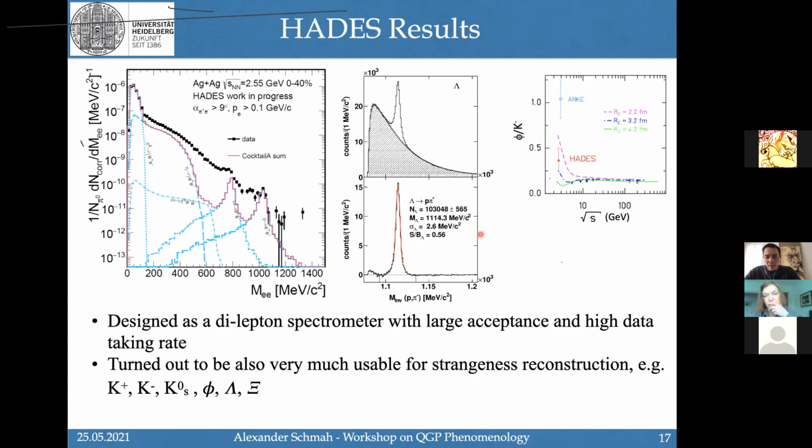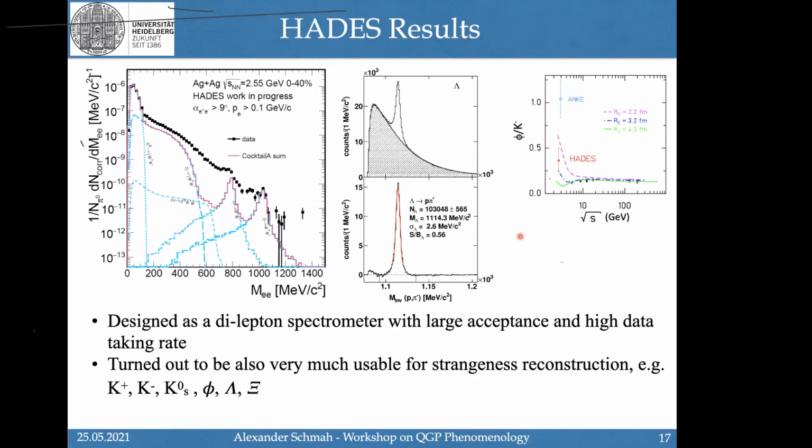Actually, it turned out that this detector is more a multi-purpose detector, so it could also reconstruct off-vertex decays like lambdas, and also do particle identification for strange particles, for example phi mesons and kaons. And this is what is nowadays more the case, that you have multi-purpose detectors and not detectors which are specialized on one unique reconstruction of a single type of particle.